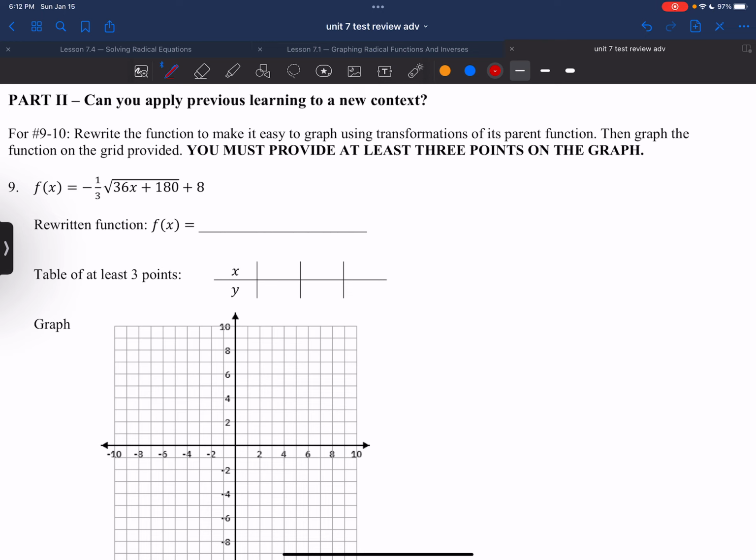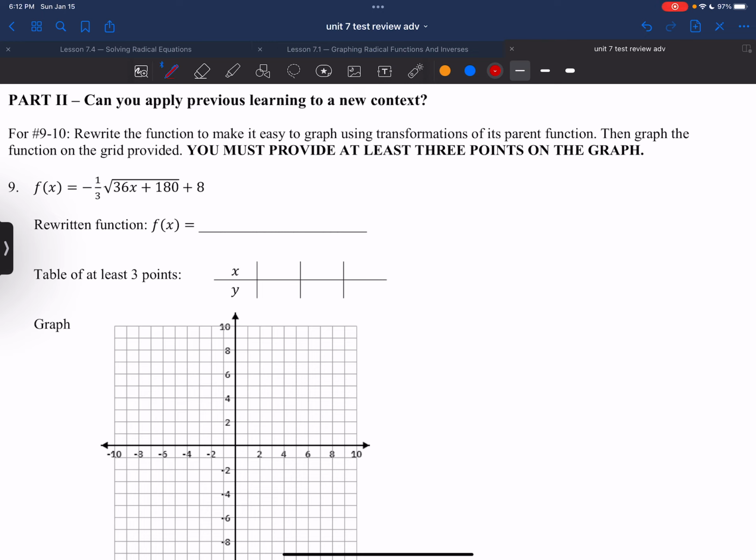Okay, number 9, rewrite the function. We've done this in class, and I've explained this and showed you, but hopefully, if you haven't got it by now, here it is. The idea is you want to see if there is anything you can factor out of your expression that you can take the square root of. If you can, then do that.